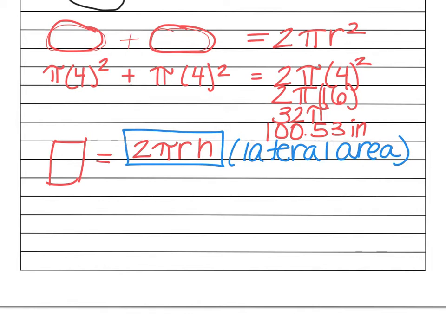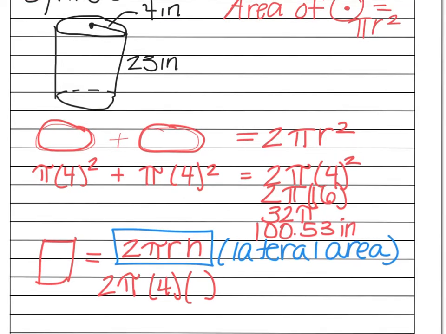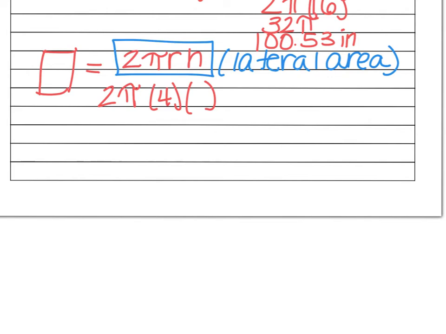So we're going to plug in what we know. We have 2 pi, our radius is 4, and our height, if we pull back here, was 23 inches. So we have 2 times 4 times 23, which is 184 pi, and 184 times pi is 578.05. So now that's the label of the can.